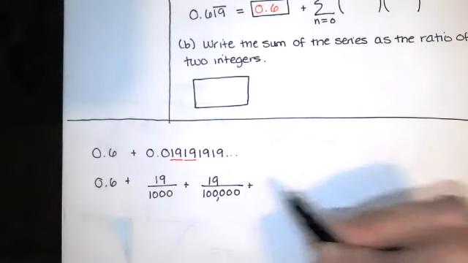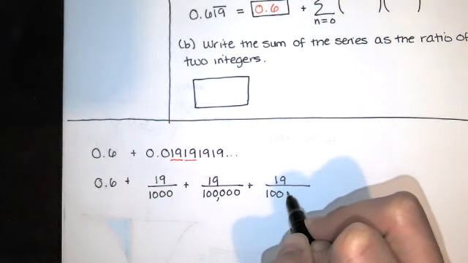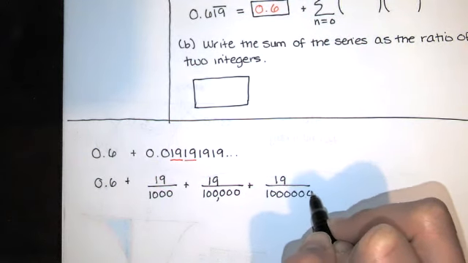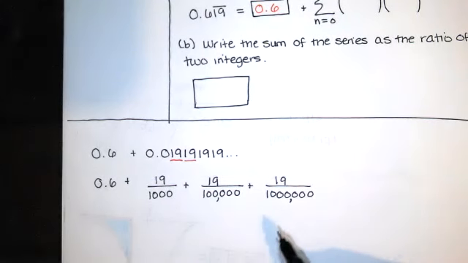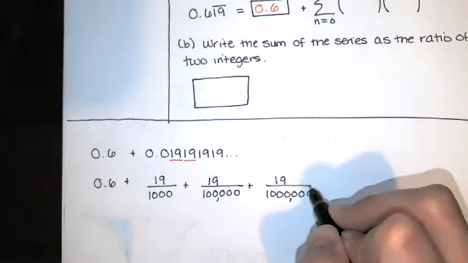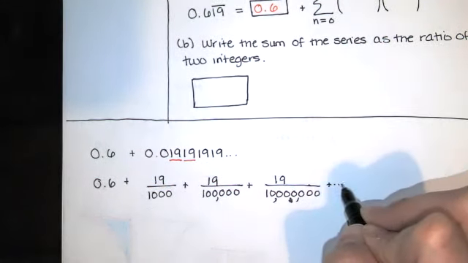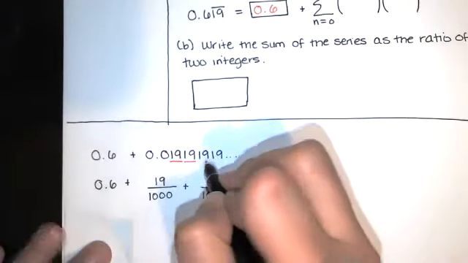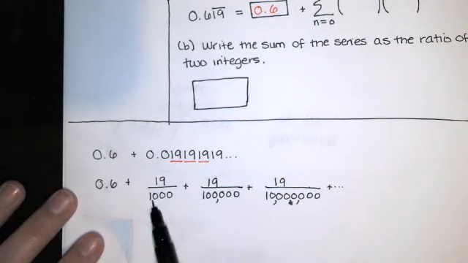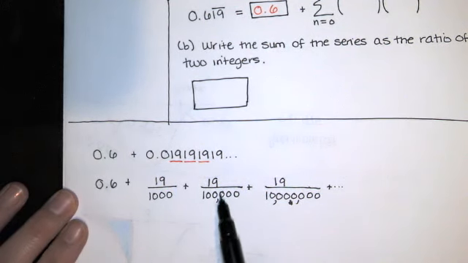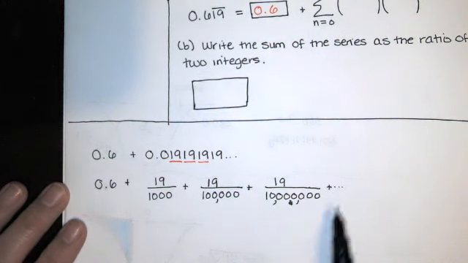And then the next one, we add 2 zeros every time. So there was 3, and now there are 5 zeros, and now there should be 7 zeros. And so on. So that represents 19 over 1,000. That represents 19 over 100,000. That one represents 19 over 10 million, and so on.